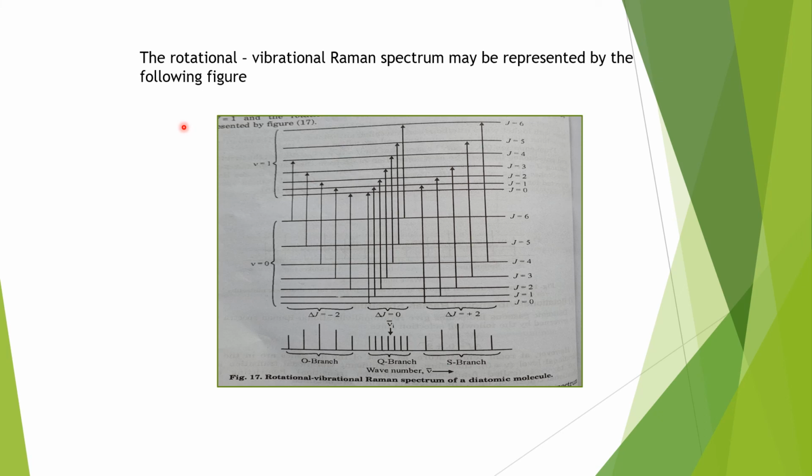This is the second vibrational energy level, V equal to 1, and these are the corresponding rotational energy levels for V equal to 1. So this diagram, the rotational vibrational Raman spectrum of a diatomic molecule, shows the O branch, Q branch and S branch.